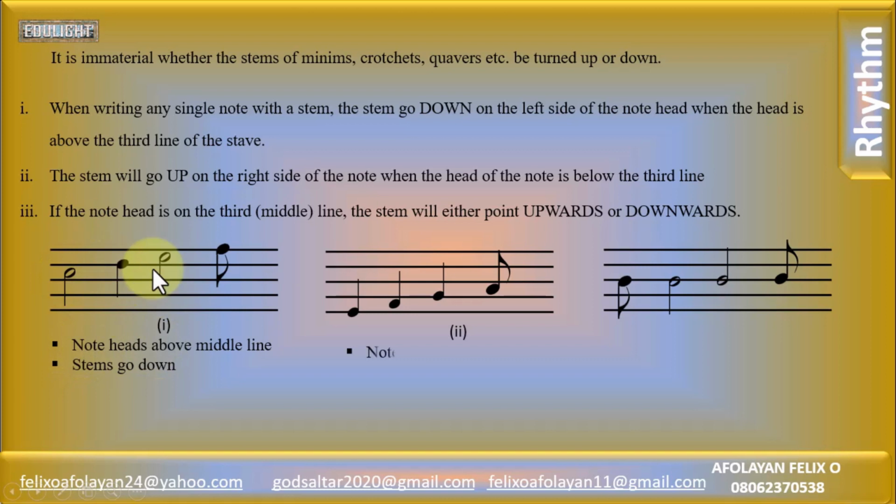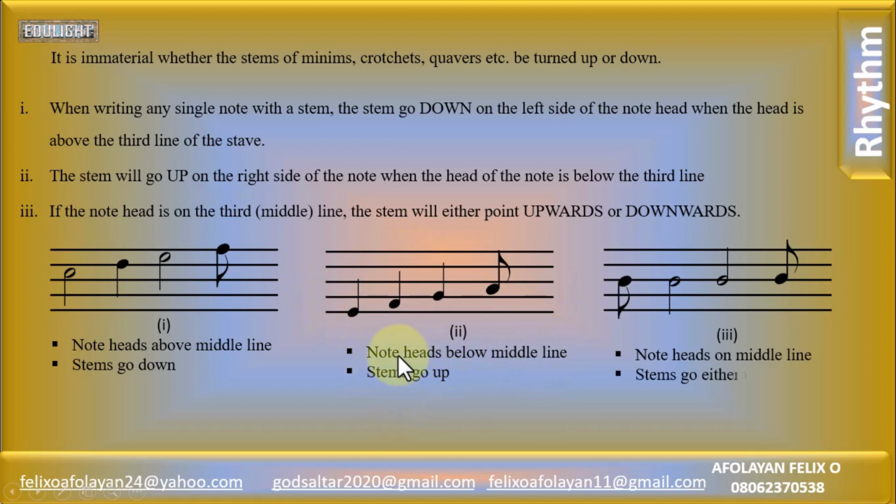Note head above the middle line, stem goes down. Note head below the middle line, stem goes up. Note head on the middle line, stem goes either up or down.